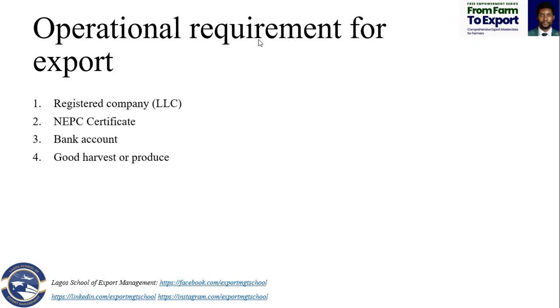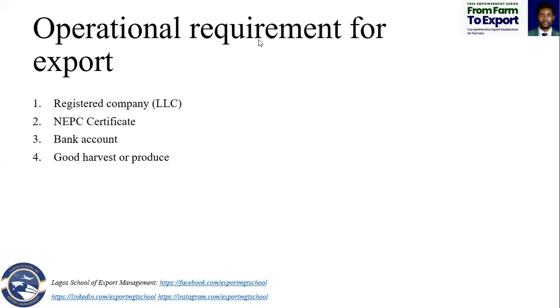Let's say you already have a registered company and a bank account, but that account is in Naira. You need them to open an export proceed account for you, which is usually in dollars. The export proceed account is different from your normal USD account.